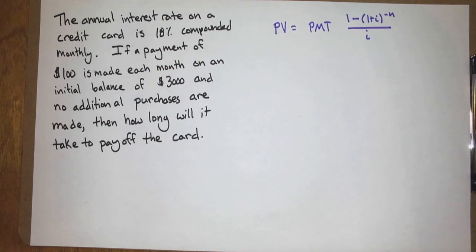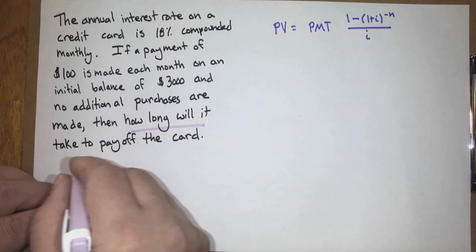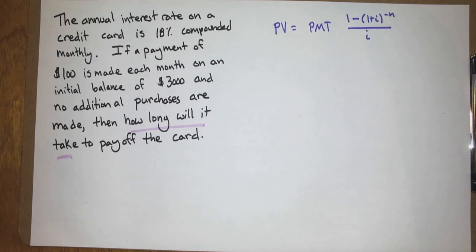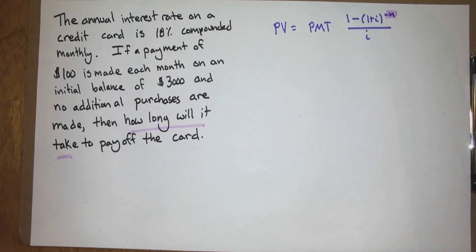Now, this question asks, how long will it take? What are we trying to solve for? N. Okay. So we're solving for something a little different here. Previously we were solving for payment, or we're solving for present value. Now we're solving for n.